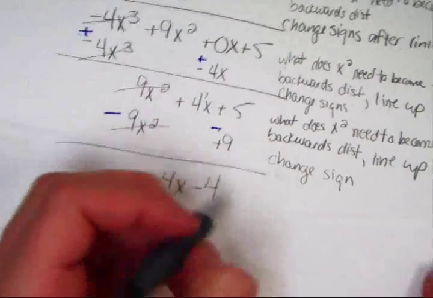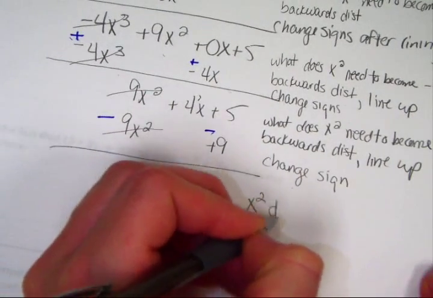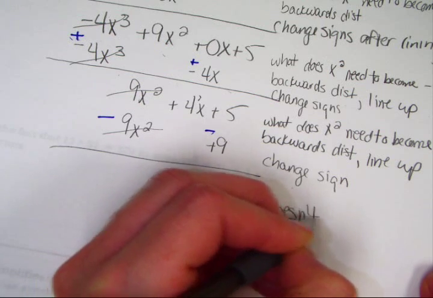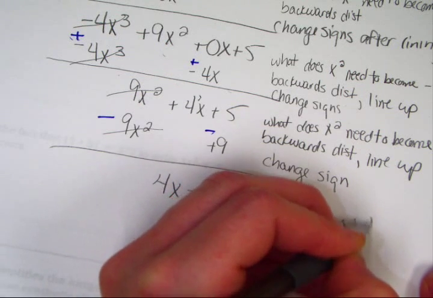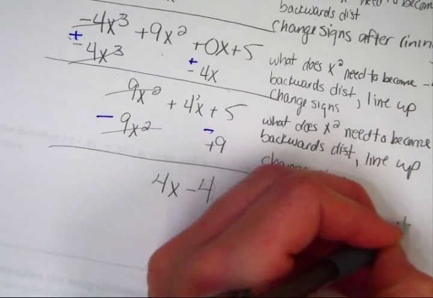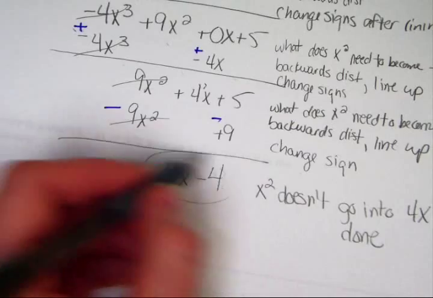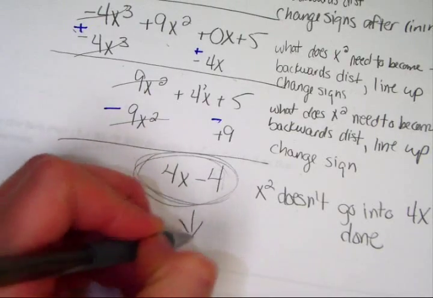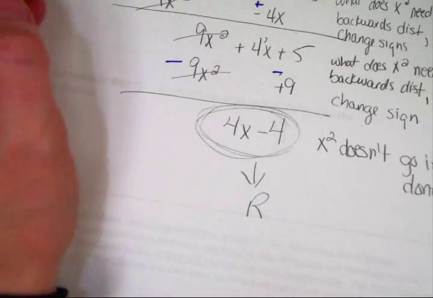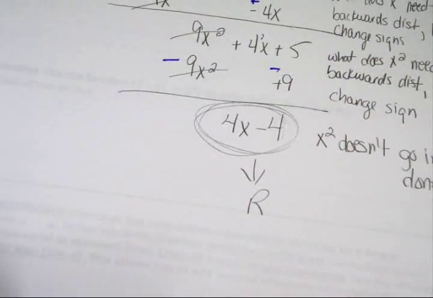Now, you should here understand that x squared does not go into 4x, so you're done. And you see this big ugly thing? That's the remainder. So here's what we're going to say. It says, is it a factor? It's really just a yes-no question.